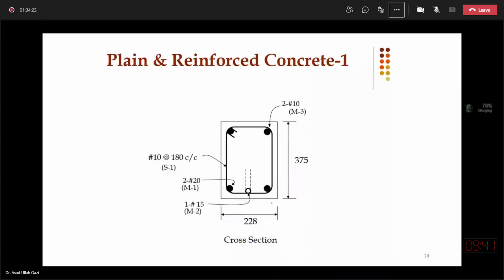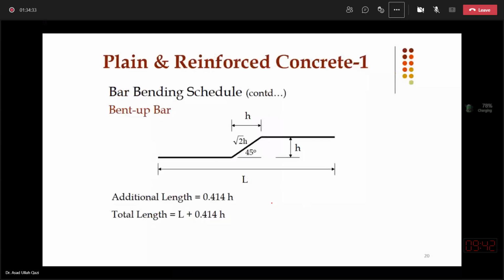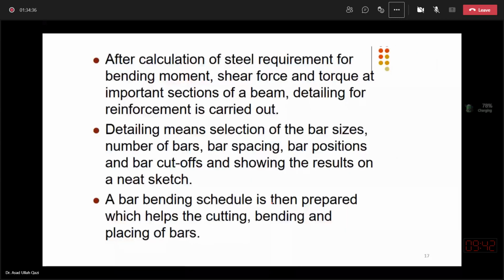That is actually explained in the next few slides from slide number 17 onward. So I will start the next lecture from slide number 17 onward.